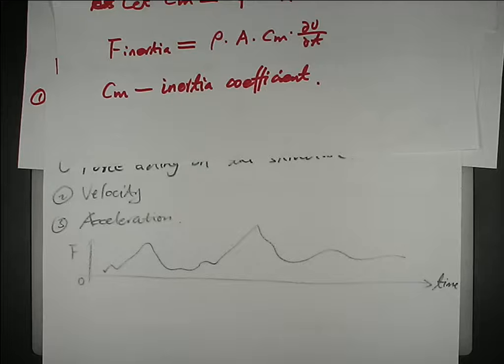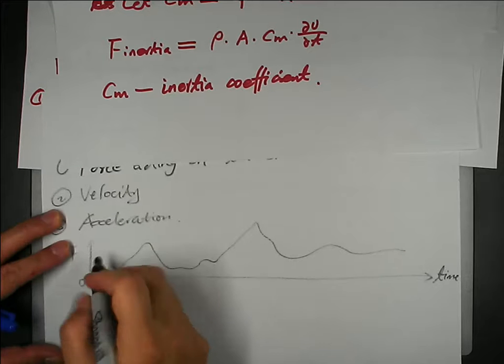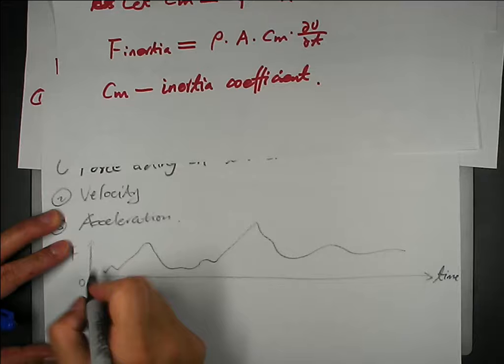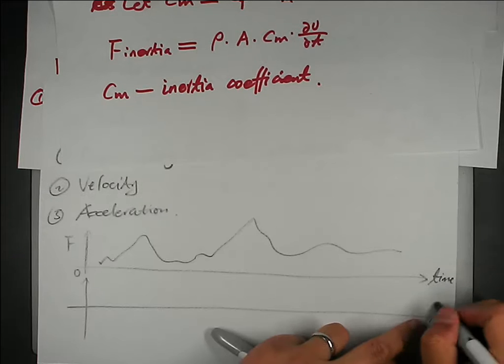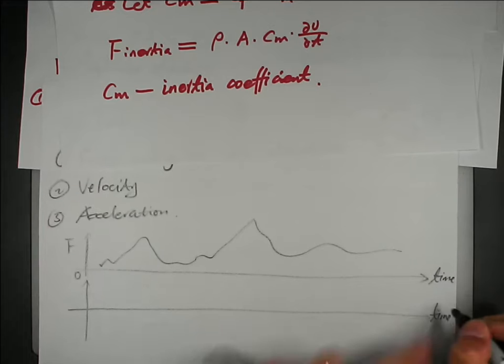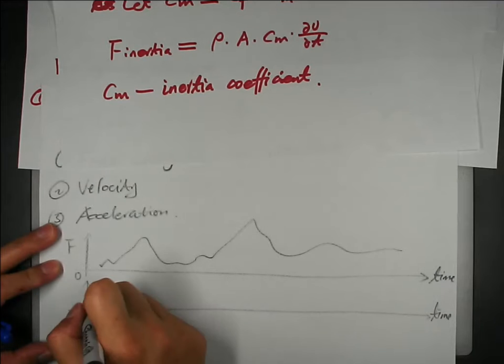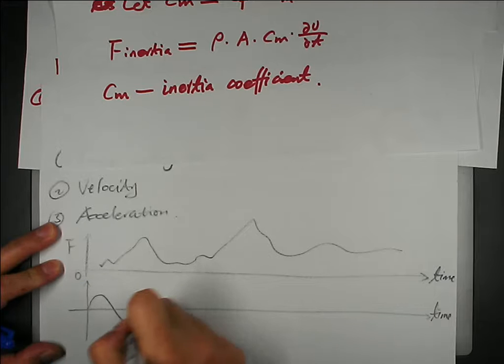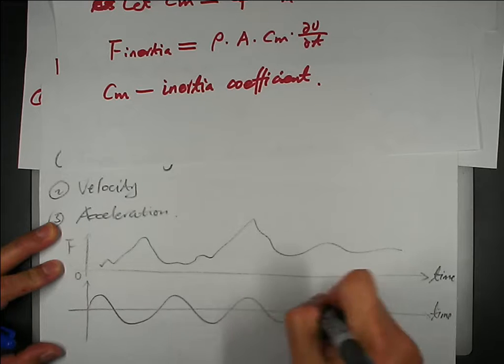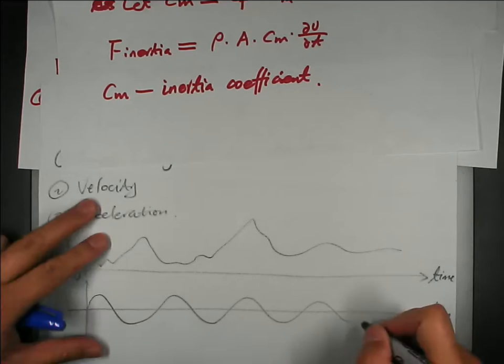How can we calculate CI, CD? I draw all the pictures. This is time as well. You also measure velocities and acceleration, right? This is the velocities.